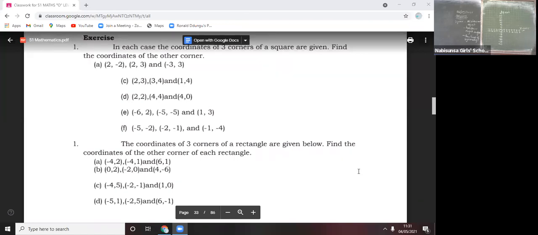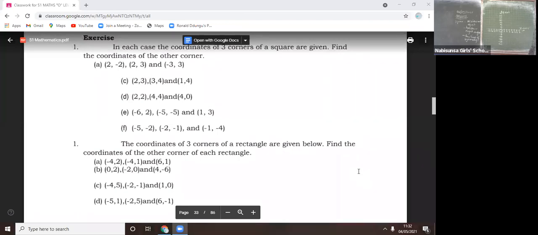Now, when you look at the values, part A, we have 2, -2, we have 2, 3, we have -3, +3. So the biggest value on the Y is 3. And the smallest is -2. We have catered for them. For the X, the smallest value is -3. And the biggest value is +2. So we have catered for those values.